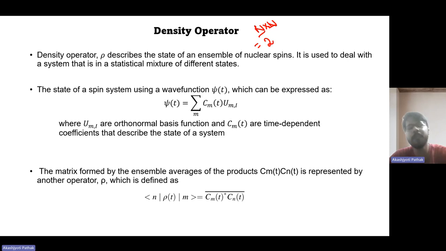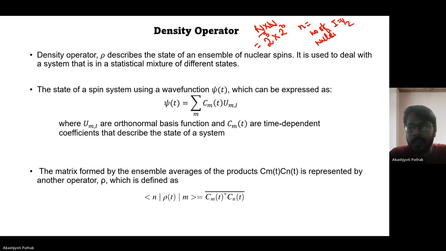So if there is a three spin system, the number of possible states will be 2 to the power 3. Similarly, for a four spin system, it will be 2 to the power 4. So the matrix has 2 to the power n into 2 to the power n elements, where small n is the number of spin I equal to half nuclei.